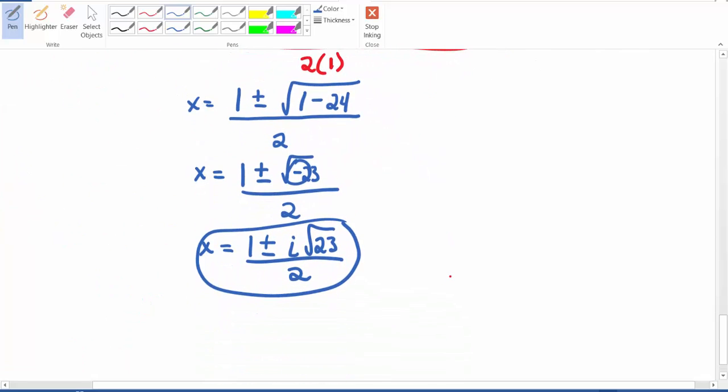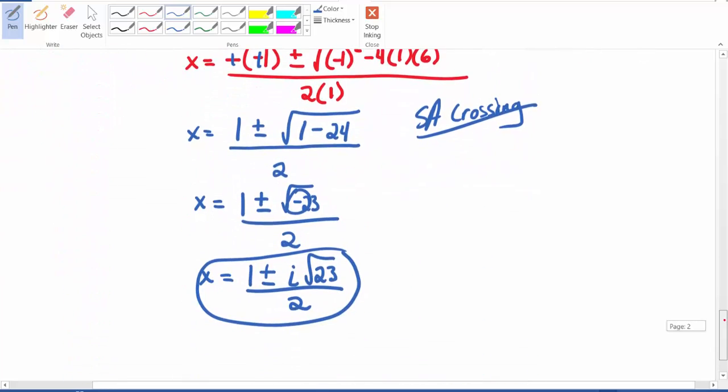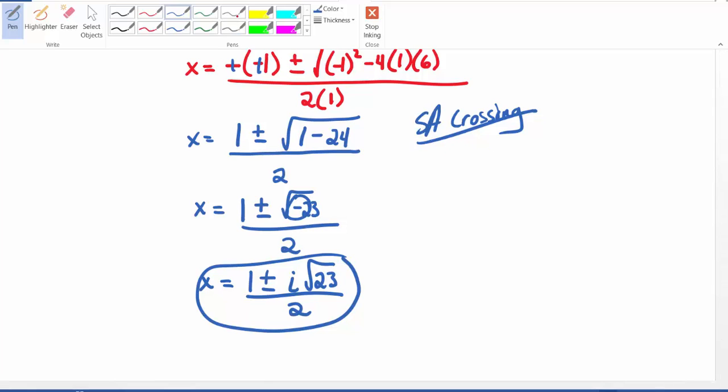Again, this is for our slant asymptote crossing. We have our slant asymptote as y equals x minus 1. So again, this was our SA, y equals x minus 1.